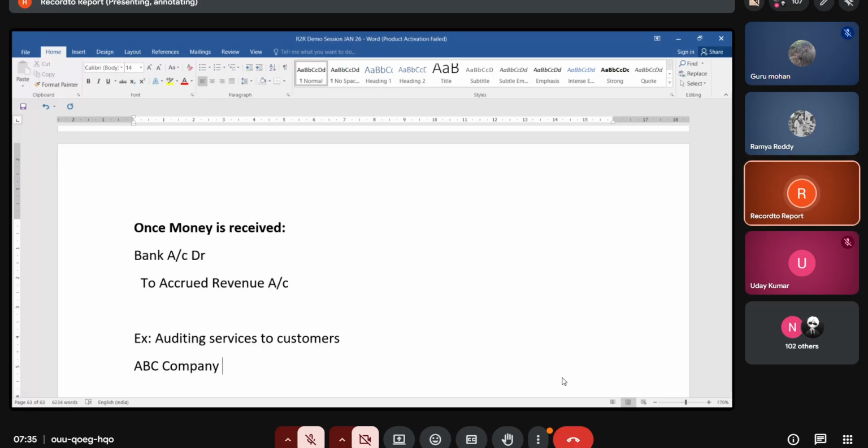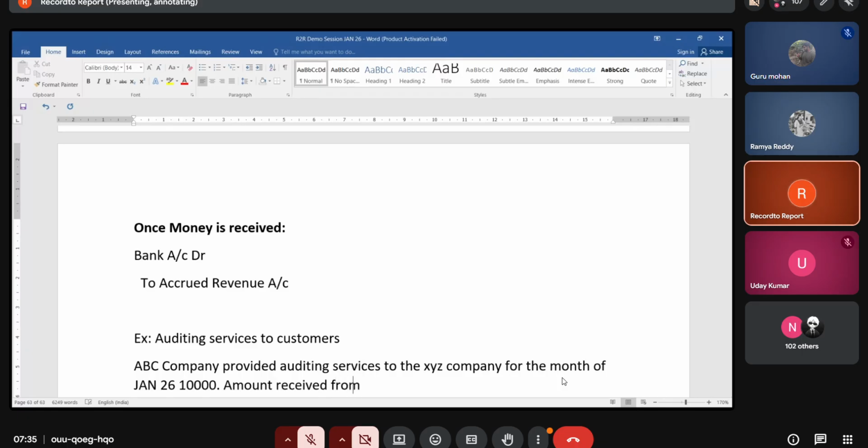Every month they are paying 10,000 rupees. It's a fixed amount. There are no changes. The amount is received from XYZ on 5th February.